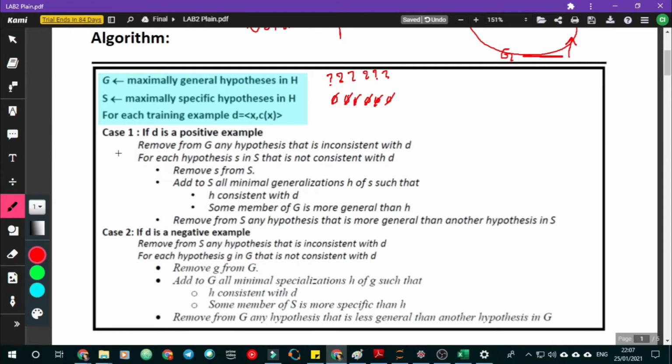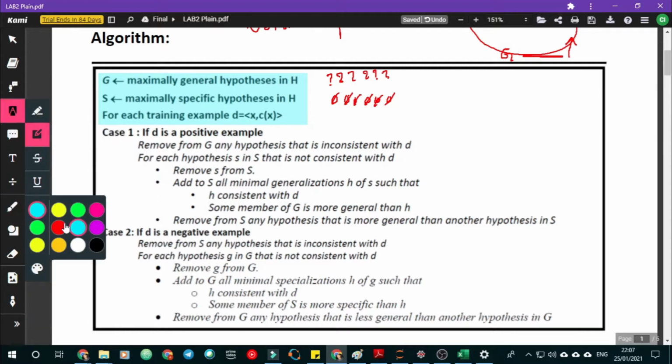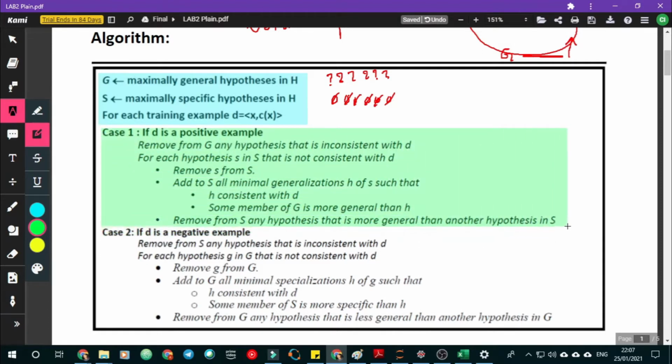And also we know this is one case, and this is another case. There are two cases here.